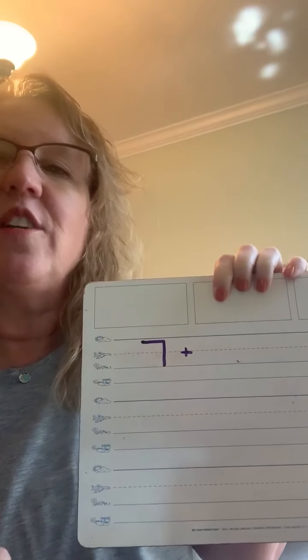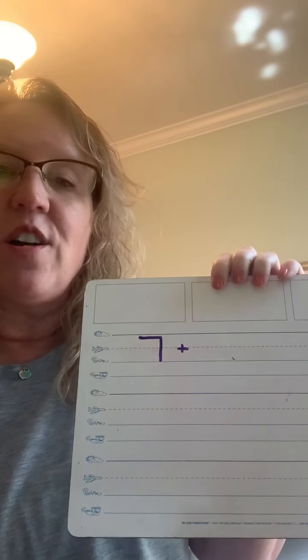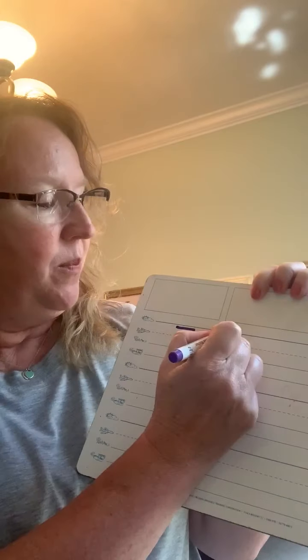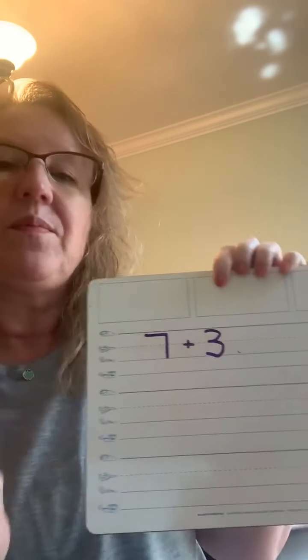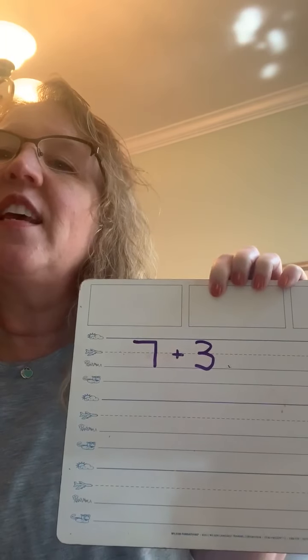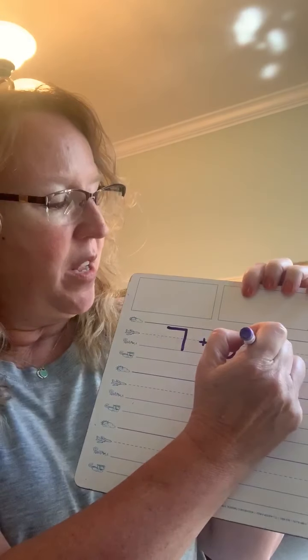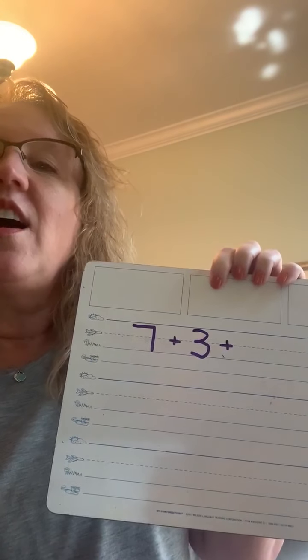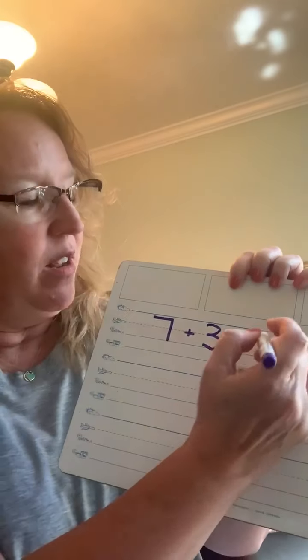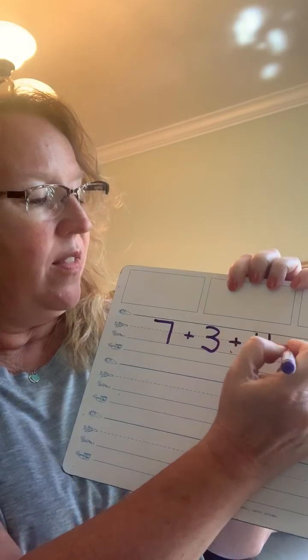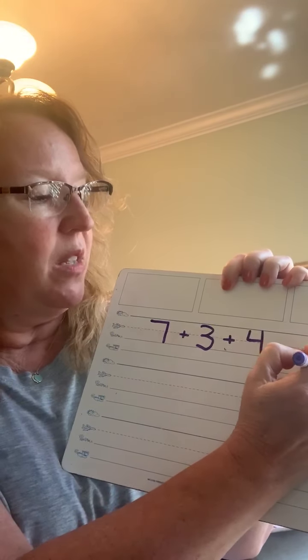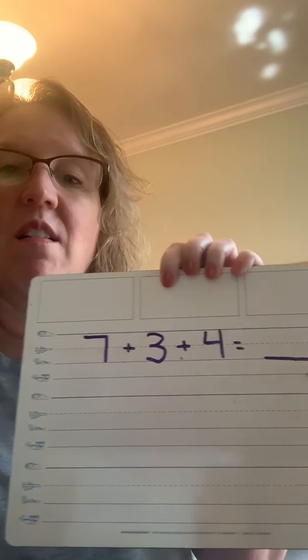The plus is already there for you. And then Carla picks up 3. And then, oh, we're not finished. I need another plus. Pete, he helps out and picks up 4 pencils. And then it says, how many pencils did they pick up in all?